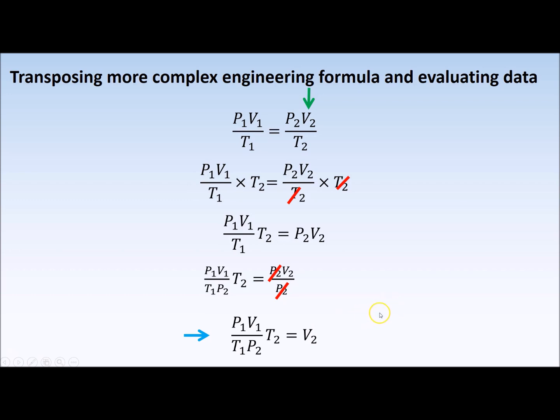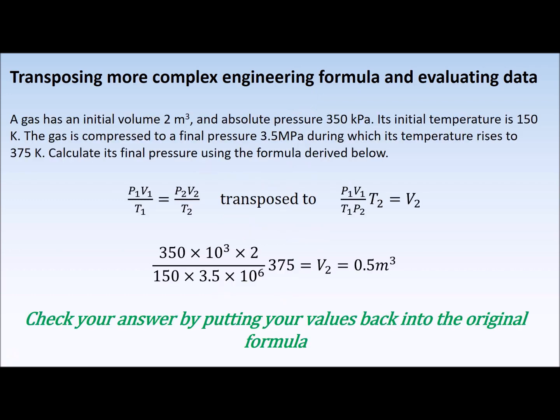The next stage is to punch in the values from the question. From here we know that the initial pressure, P1, is 350 kilopascals, and we're using engineering notation here, so kilo is 10 to the power of 3.